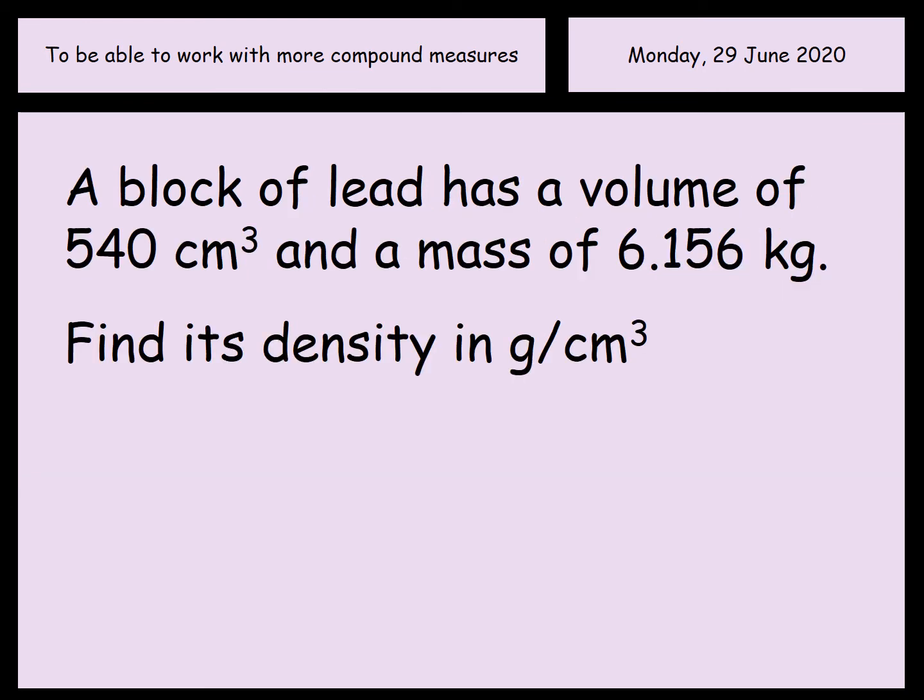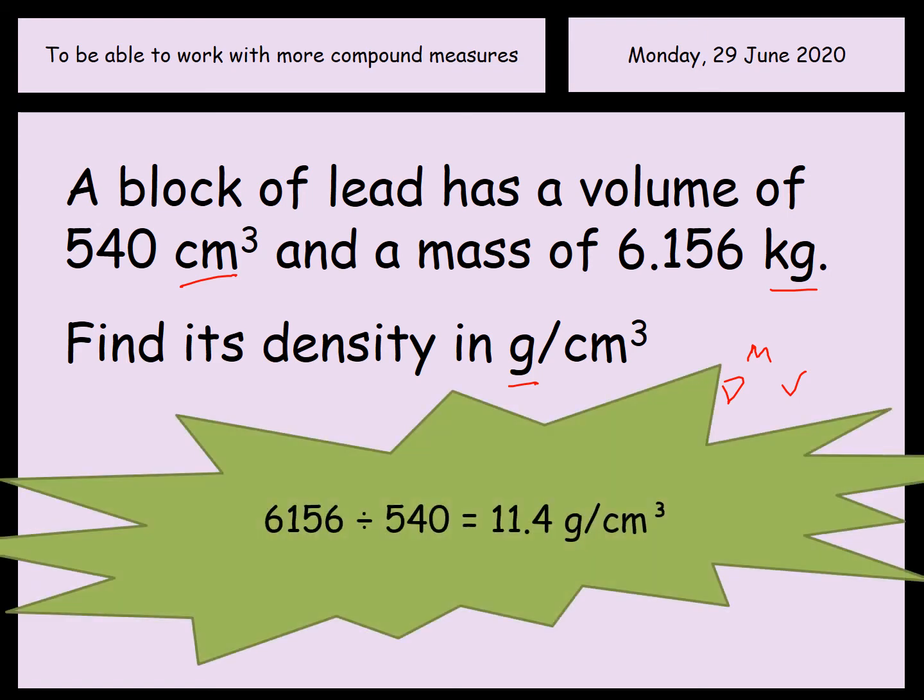Okay, next one, a block of lead has a volume of this, again, centimeters cubed. That's in kilograms. Your units, it wants it to be in grams. So again, think about your conversion and then do your density, mass, volume calculation. Again, 11.4.